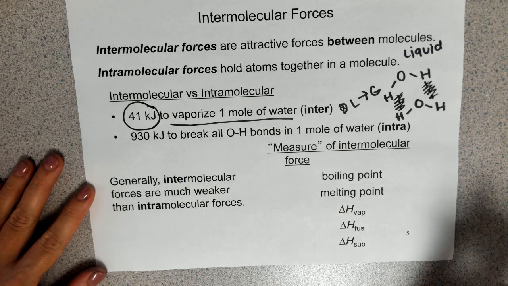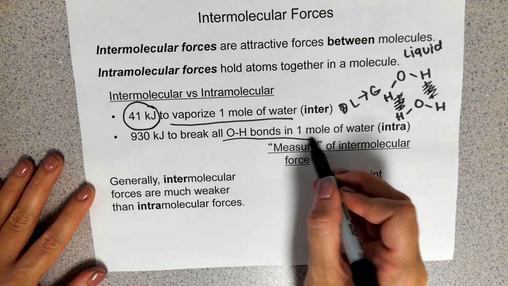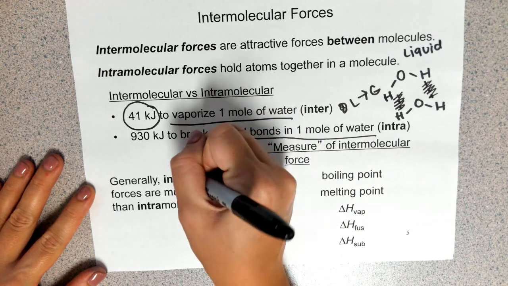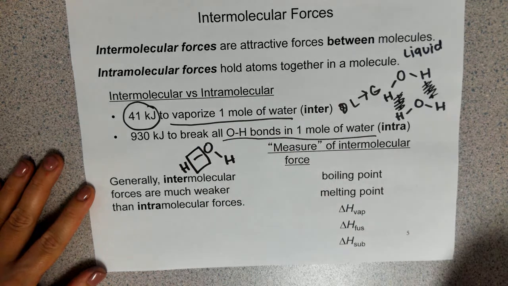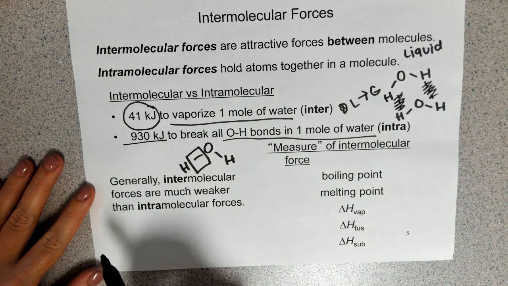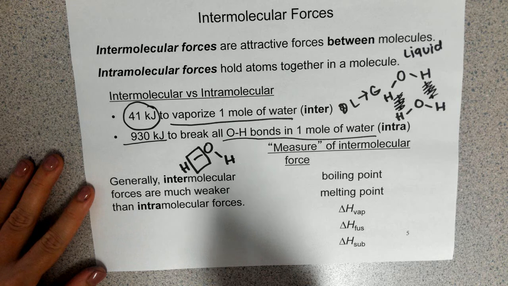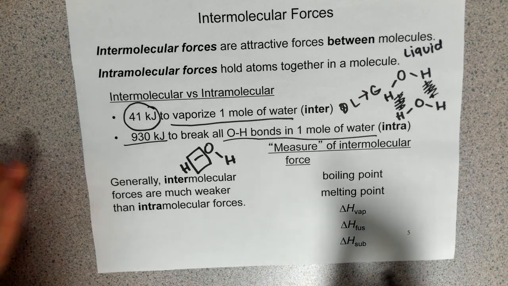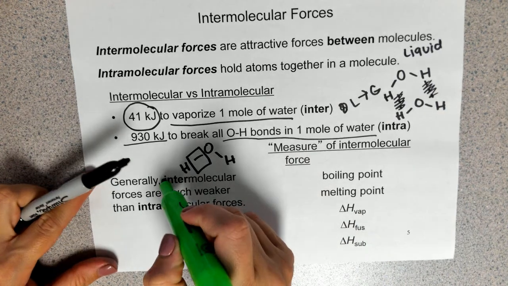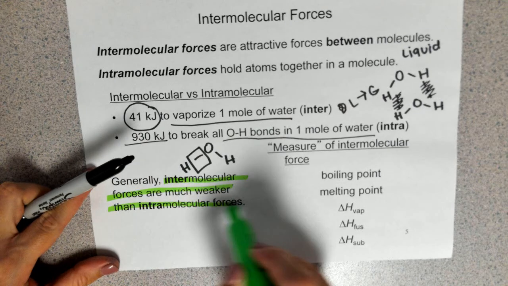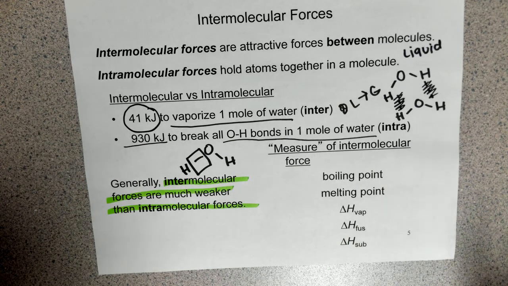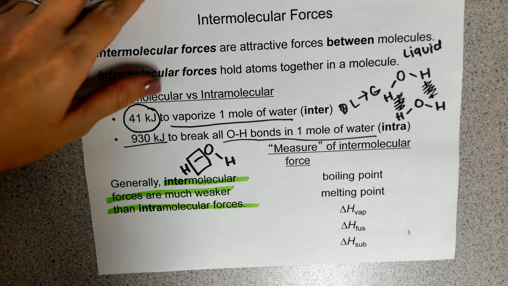But if you wanted to break the OH bonds in a mole of water, this polar covalent bond, it would require 930 kilojoules to break apart all the OH bonds in 1 mole of water. So generally, intermolecular forces, the forces between molecules, are much, much weaker than intramolecular forces, the forces that hold together a molecule.